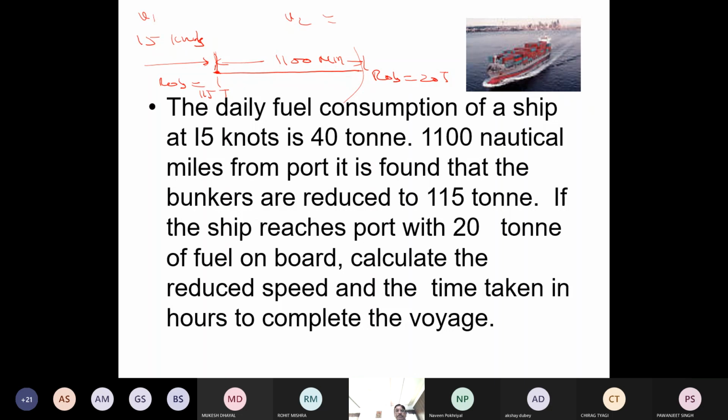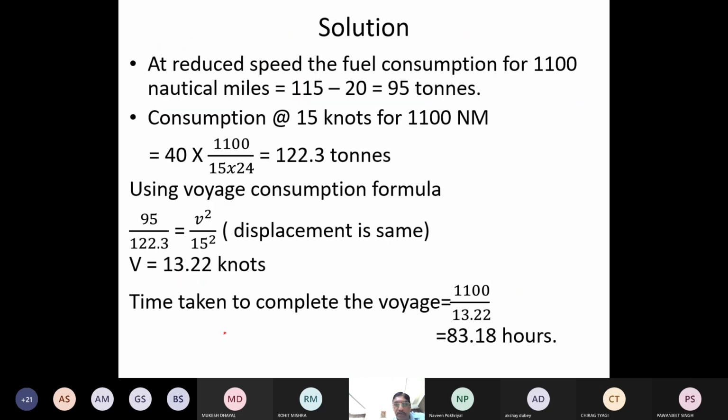And therefore, I can use the voyage consumption formula. This is one set before this. Second set is here. V1 is 15, V2 is here. What will be the consumption? Now, I can use the voyage consumption formula directly.